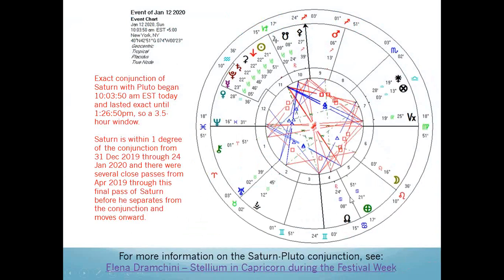Cancer Capricorn. Now, I want to say that Elena did a really good job in her presentation for the festival week of New Group of World Servers when she talked about the stellium in Capricorn. Those of you who haven't seen that yet, I would like you to look at it. But yes, we have a couple of powerhouses here who were exact together.